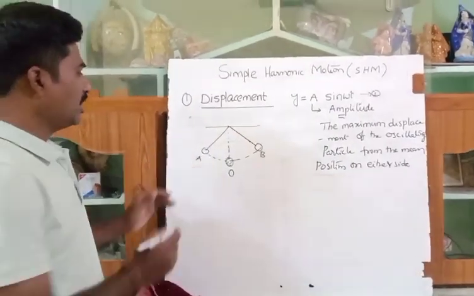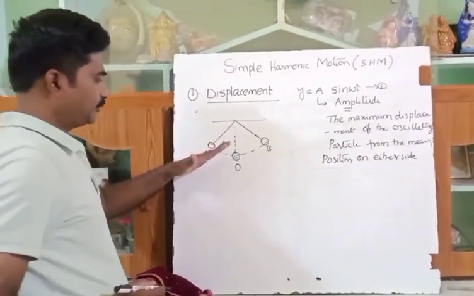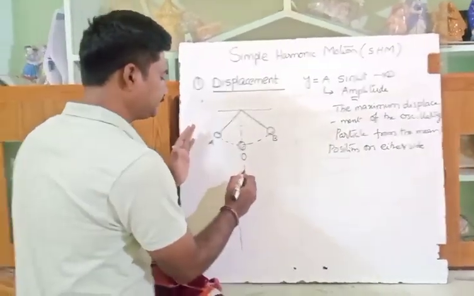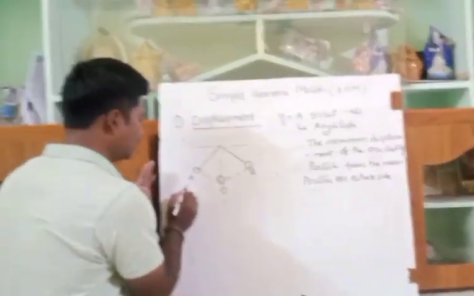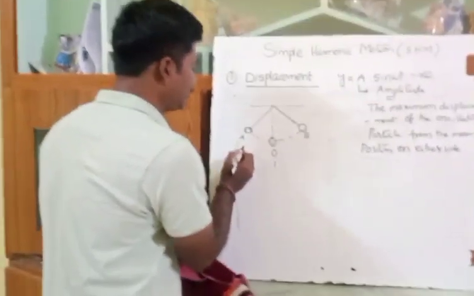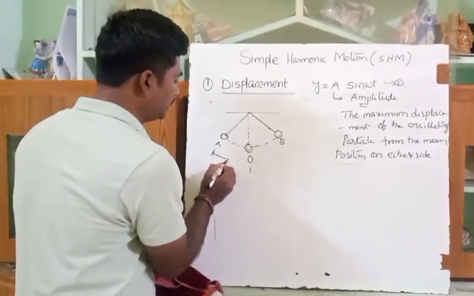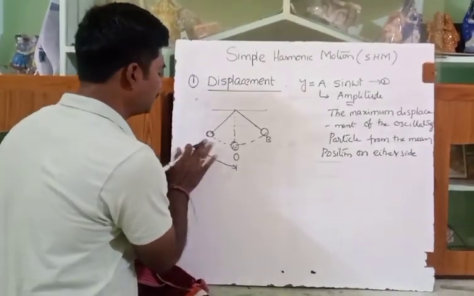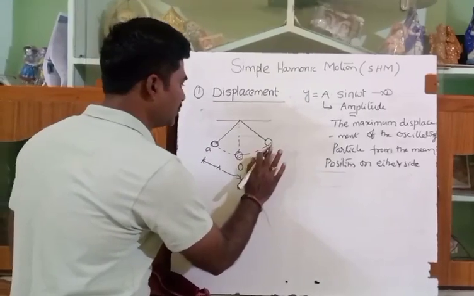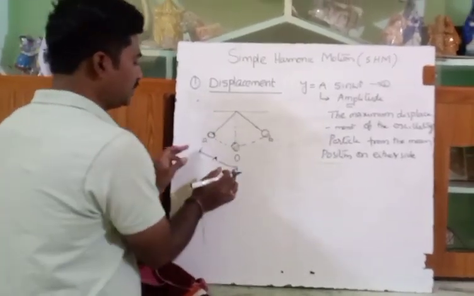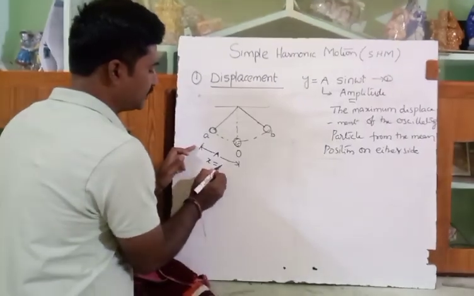That means after this point the particle can't go. So this is the extreme position on the left hand side. I am writing small a and small b to understand this one. We take here capital A. Here this is x equals a.